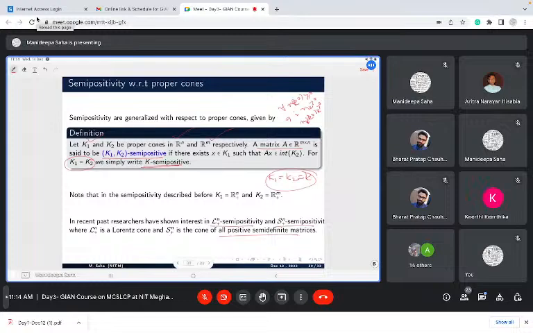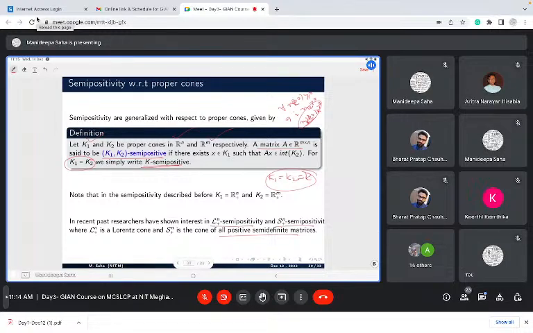But for M matrices and all these things, I know that people are still working. Z matrix, M matrix, they have this concept. And what about the class of semi-monotone and strictly semi-monotone? Yeah, that's the same thing, because if we're talking about here only, that will be the same thing. So no knowledge on that. But I know that for the M matrices and for the Z matrices, they have something.